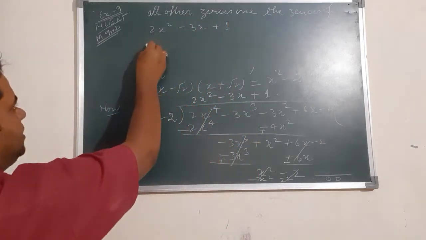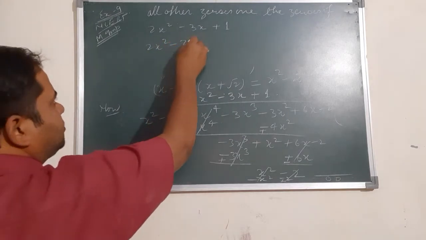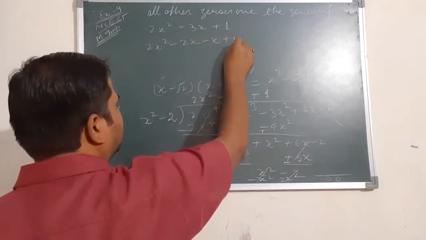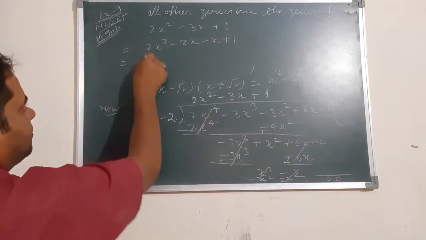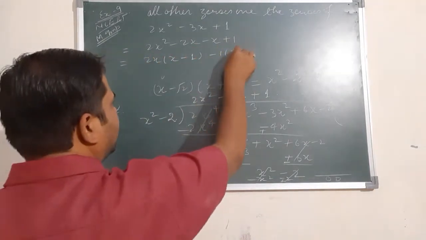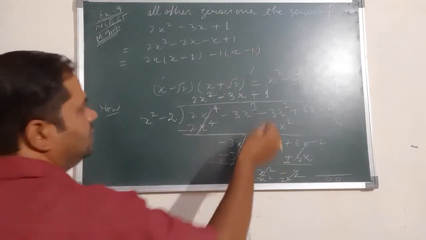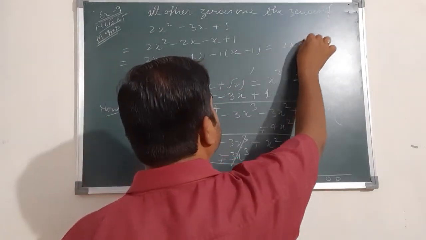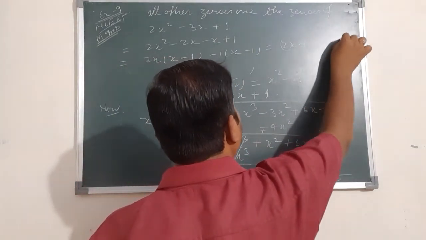So factorize it. 2x square minus 2x minus x plus 1, and this is equal to 2x into x minus 1 minus 1 into x minus 1. So this is equal to 2x minus 1 into x minus 1.